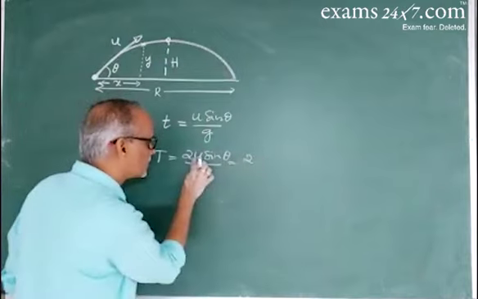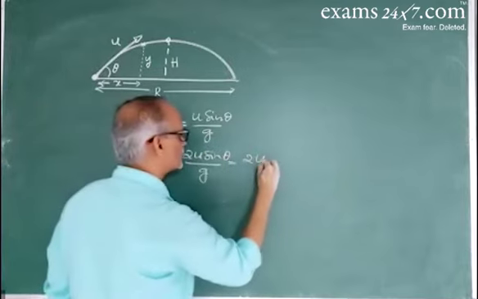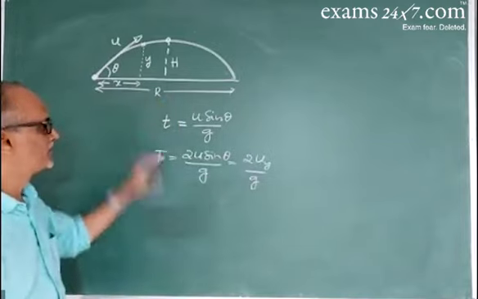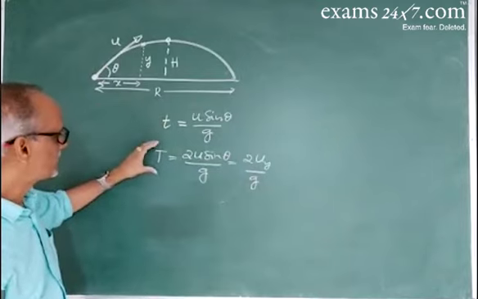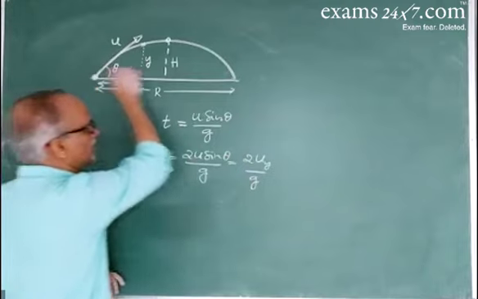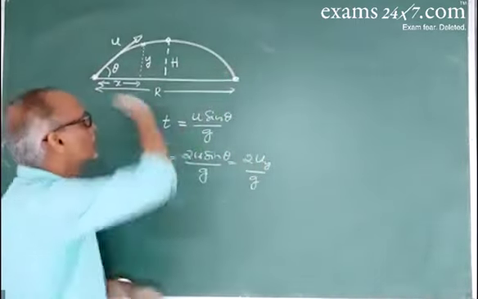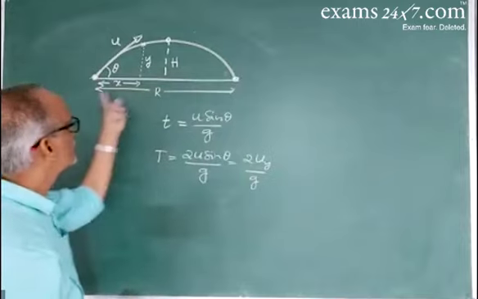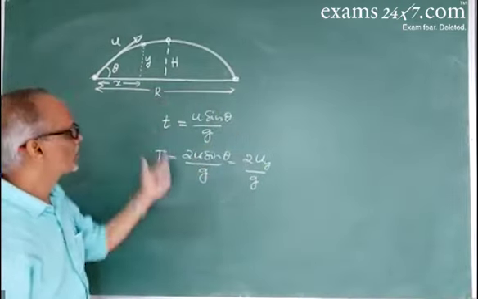That's 2 times u sine theta, and u sine theta is nothing but the vertical component, so I can even write 2uy by g. So this is the formula for time of ascent as well as time of descent, and this is equal to time of flight. So time of flight is also equal to the time taken by the projectile to reach from the point of projection to the same level, either the ground or even the same level. Or we can even call it the time taken by the projectile to cover the maximum horizontal distance. Time taken to cover the range is also called the time of flight.